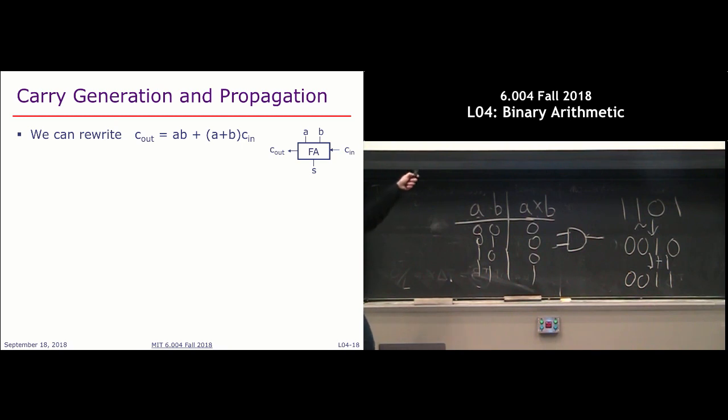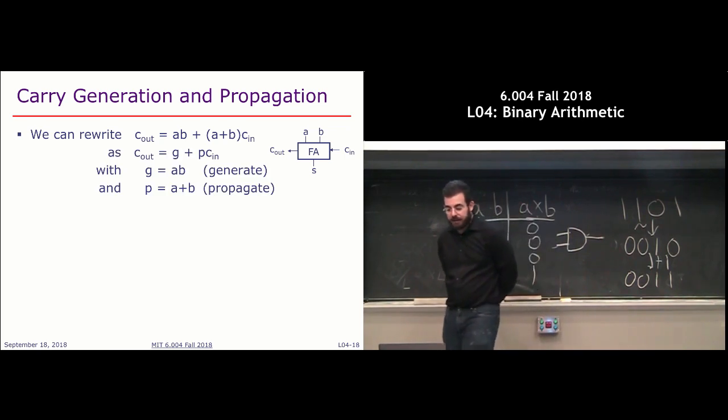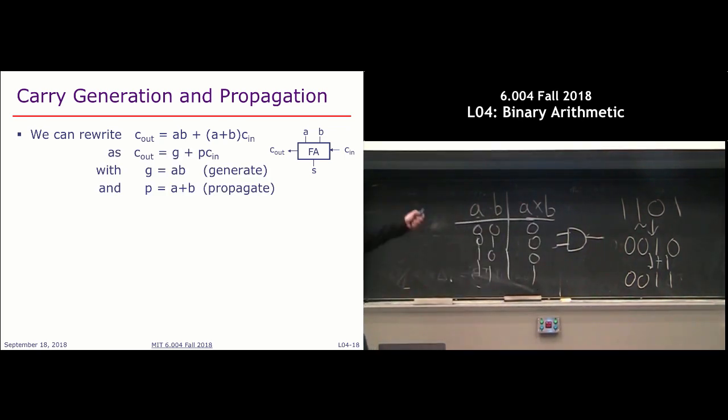So this is the original equation for a 1-bit full adder. The carry out is 1 if either A and B are 1, or if A or B is 1 and the carry in is also 1. You can rewrite this by calling G = A times B, the generate, and P = A or B, the propagate.